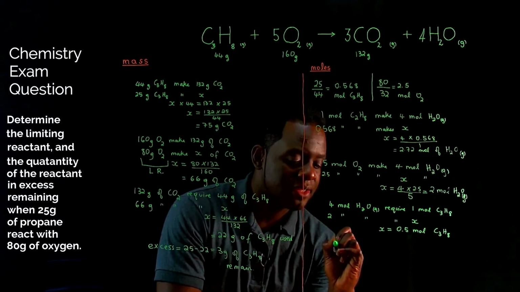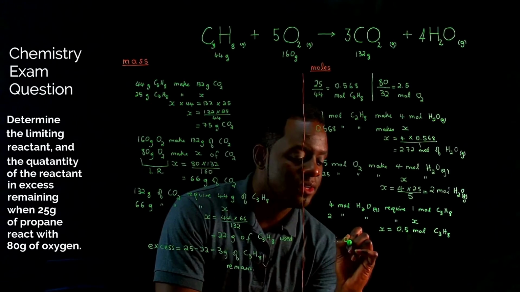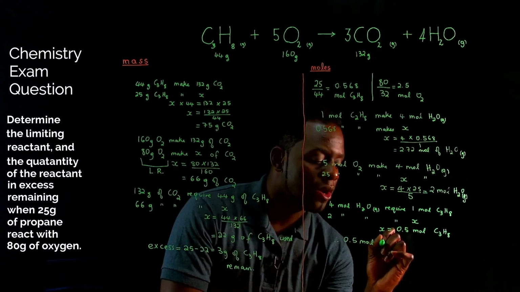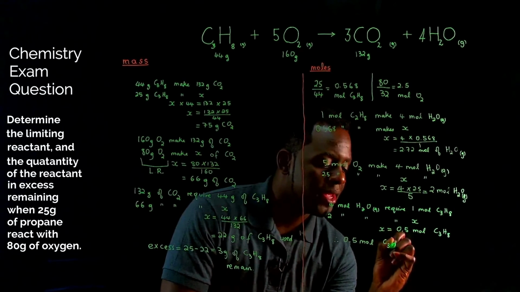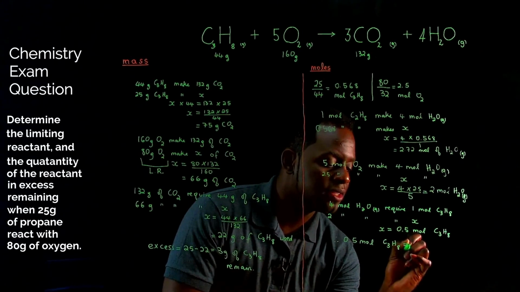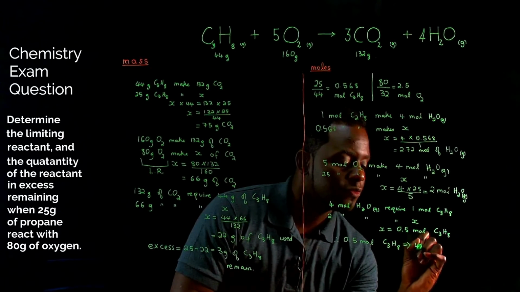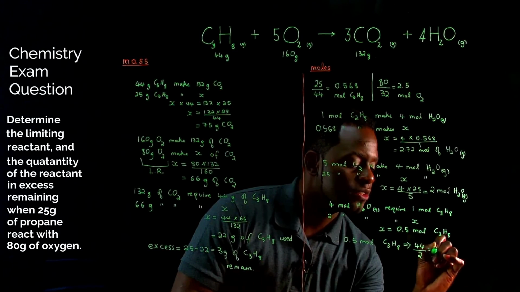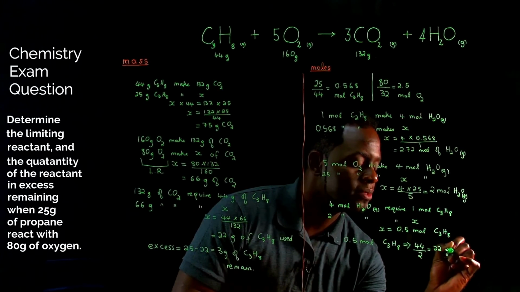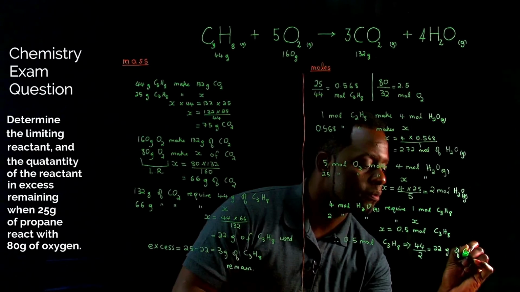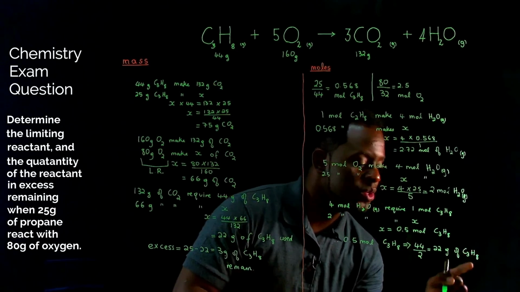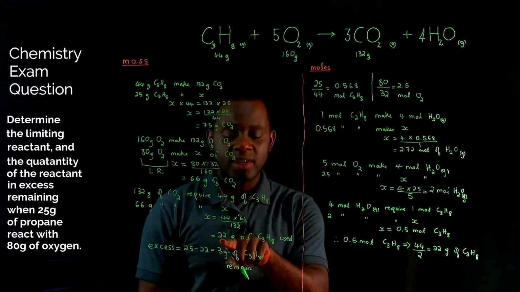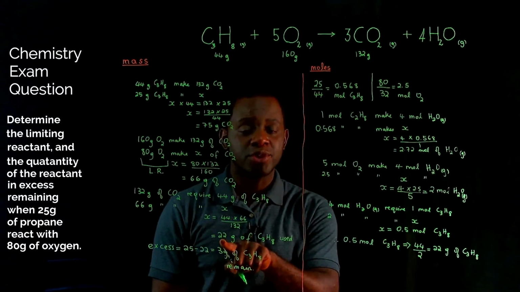So we can write, therefore, 0.5 moles of propane is equivalent to 44 divided by 2, which is 22 grams of propane used in the reaction, just as we got in the first approach.